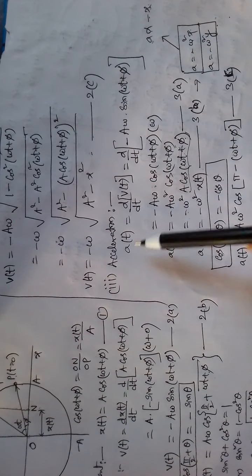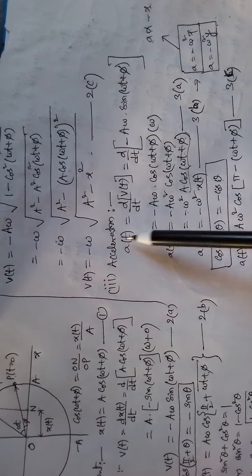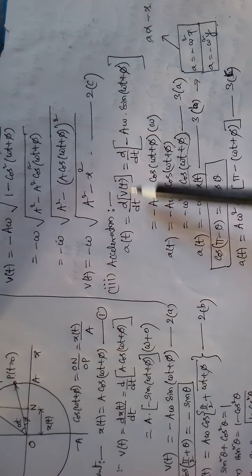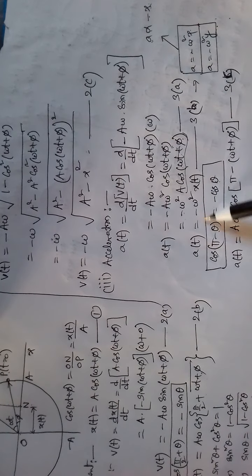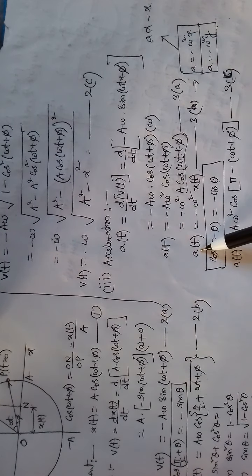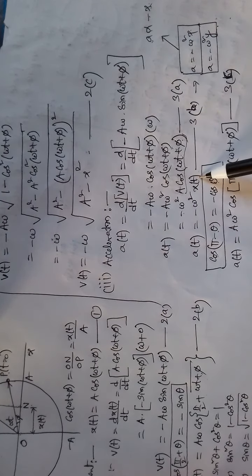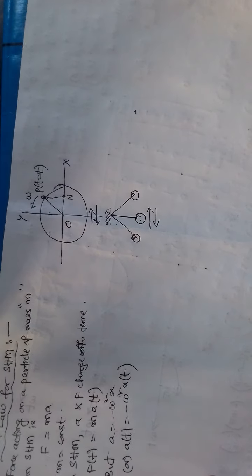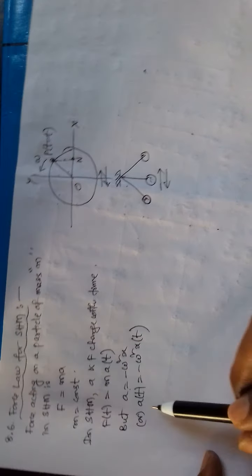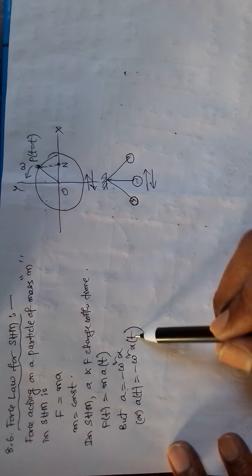We derived the expression for acceleration by differentiating the velocity expression, and you got a is equal to minus omega square x. So we are using this: it is equal to minus omega square x of t.